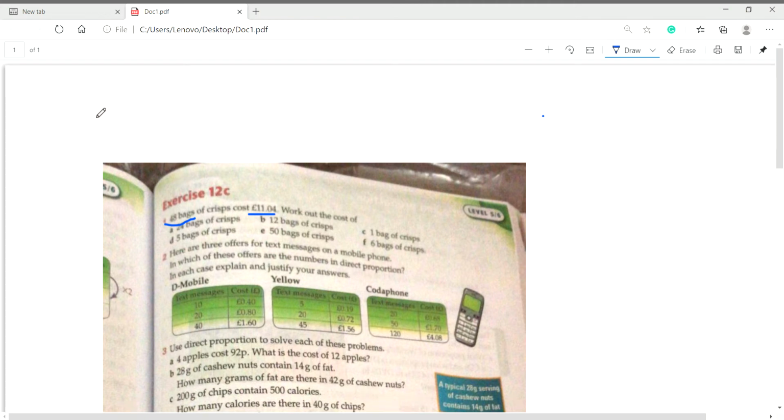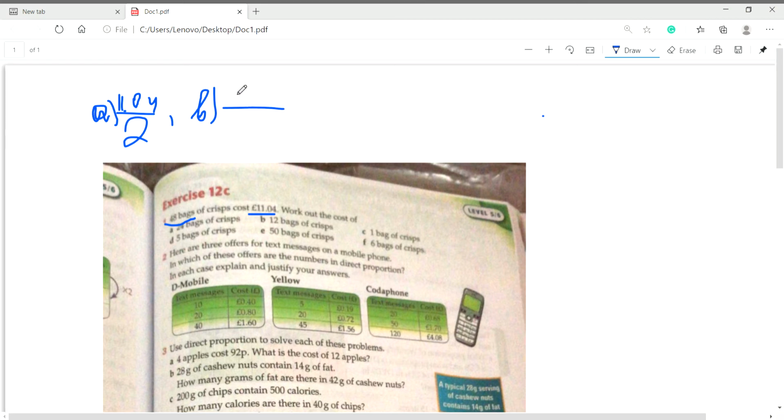So to find it for A1, you will just divide 11.04 by 2. But for B1, 12 bags. 12 is a quarter of 48. I mean, 48 divided by 4 is 12.